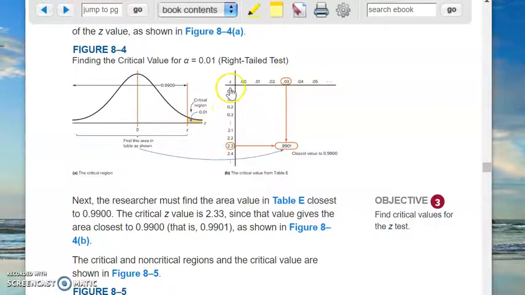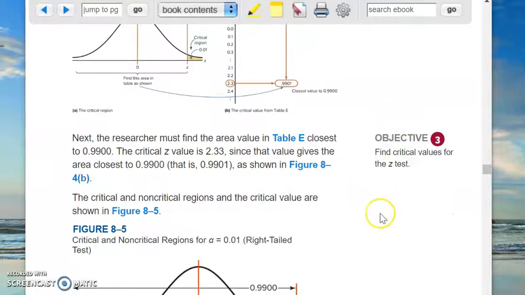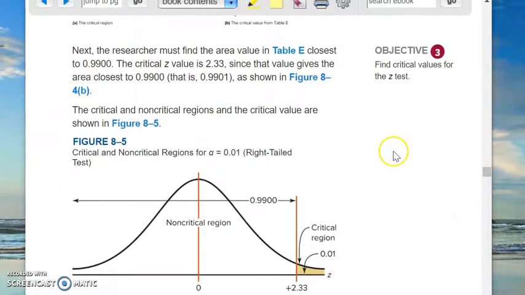Well, you go down the Z table, you get 2.3, you come over here, 2.33 gives me an area under the curve to the left of 99%. So 99% is to the left, 1% is to the right. So 2.33 is my critical value that I'm going to use. Okay. So he walks you through that here.